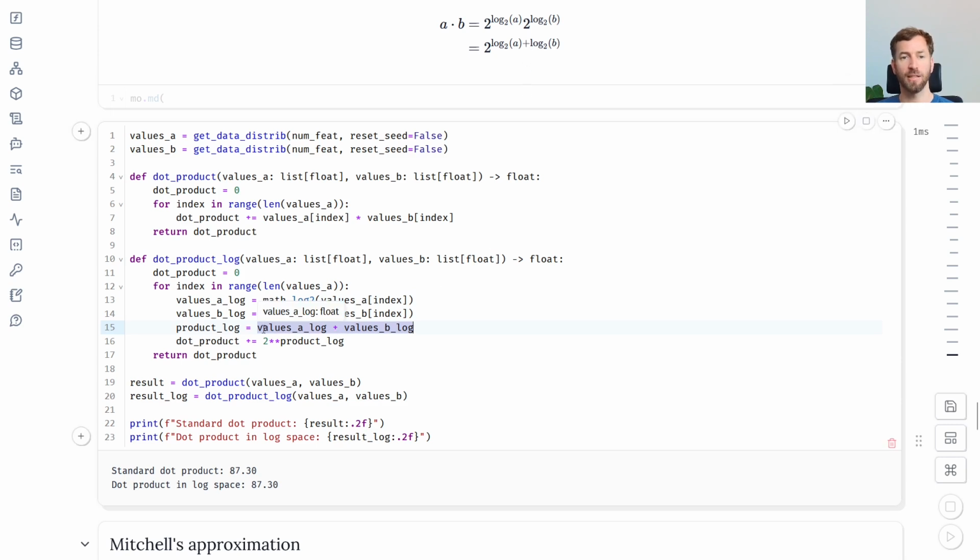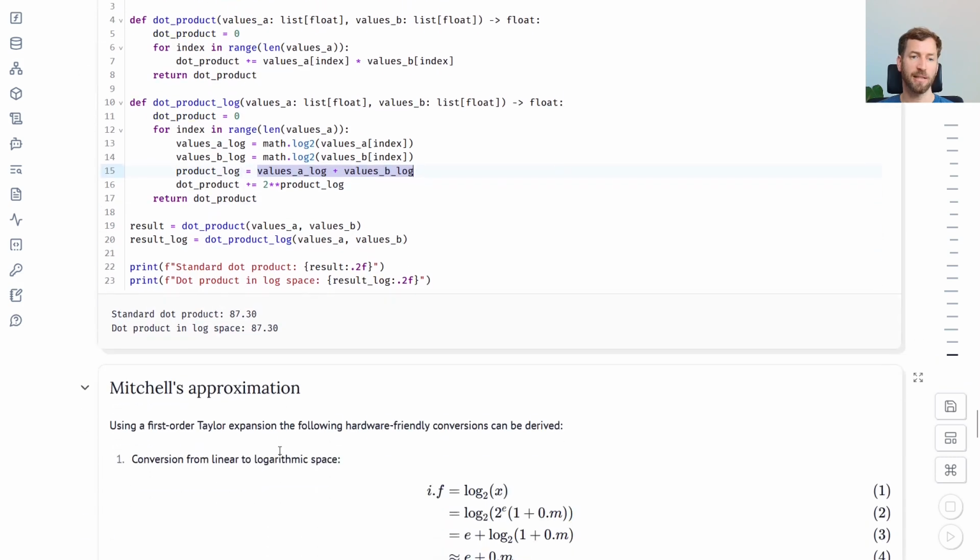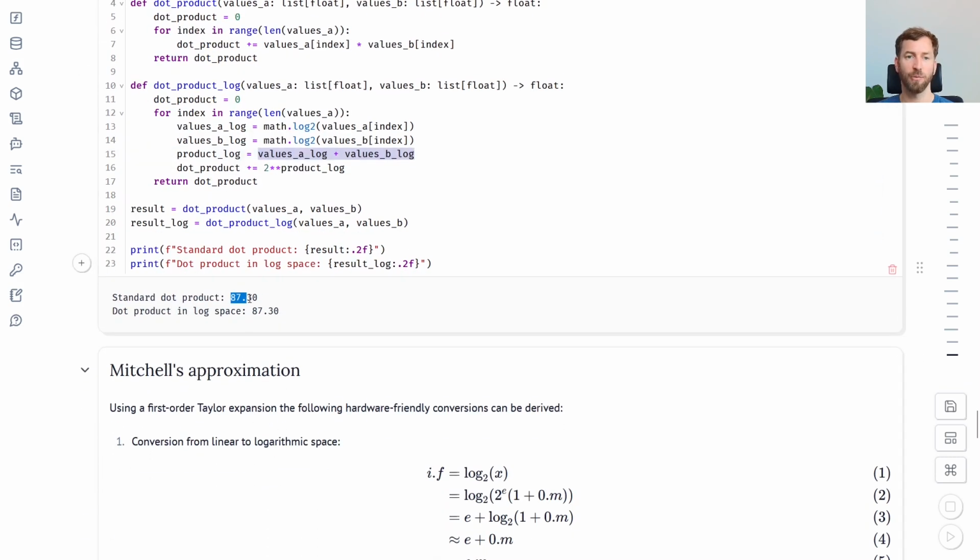To accumulate these products, so it's sums in logarithmic domain, but products in linear domain, we have to put the products into the exponent of 2 before accumulating them. So if we now look at the numerical results, they are identical for both implementations.